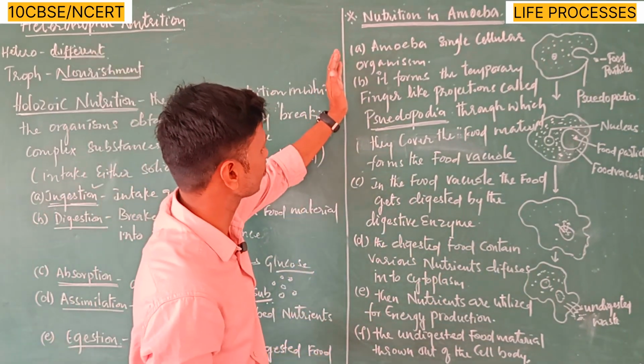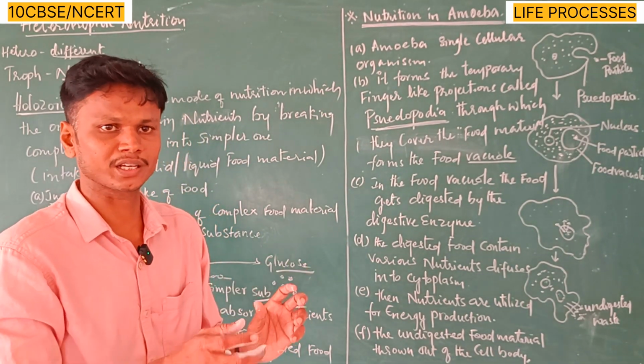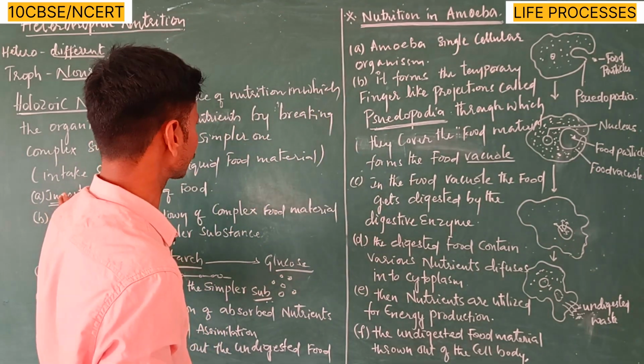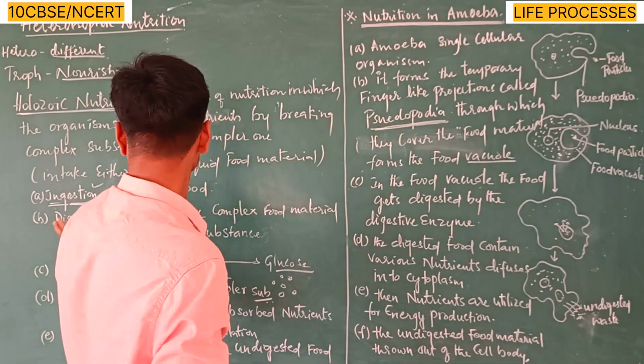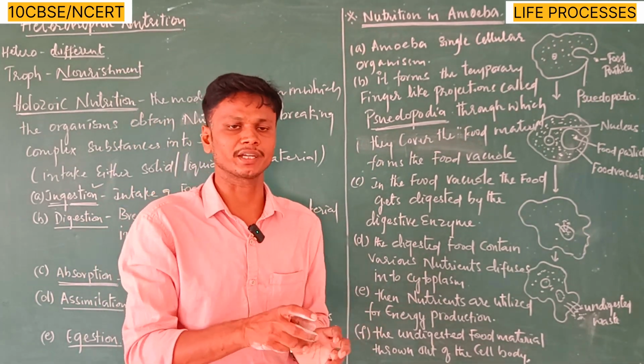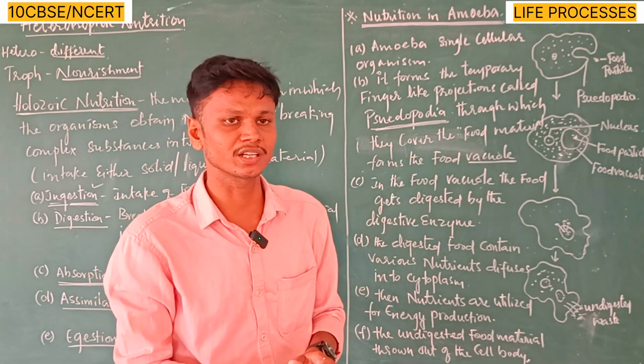Like this also you can mention, or directly you can write as before. No need to get confused. Either way is fine. By this, we have completed nutrition in amoeba.